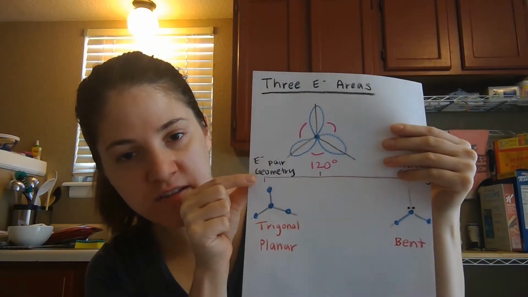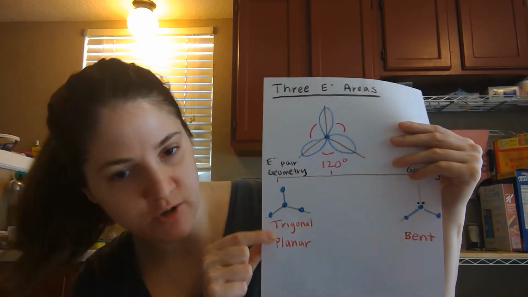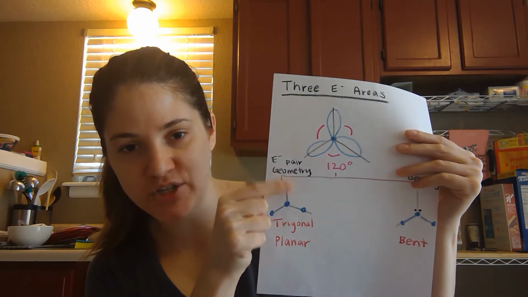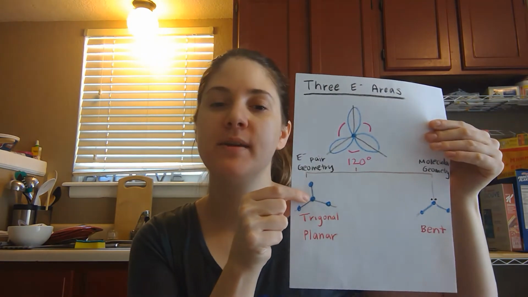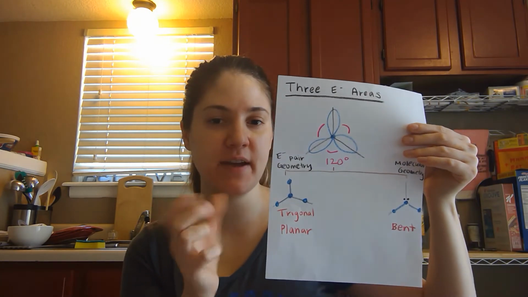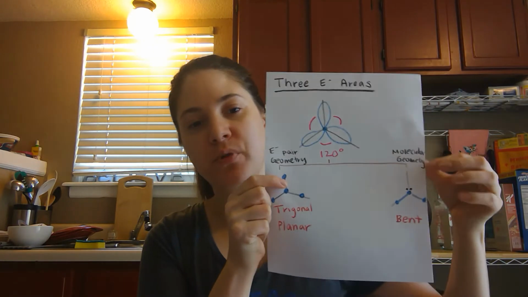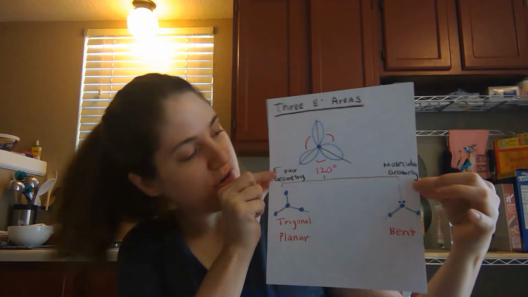So that gets us to our electron pair geometry, trigonal planar, which makes sense because it's these three bonds arranged in a plane. But we can get a little bit more specific if one of those bonds is replaced with a lone pair, which would bring us to the molecular geometry.